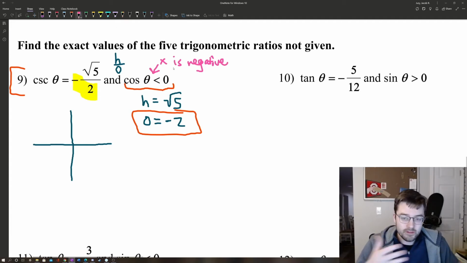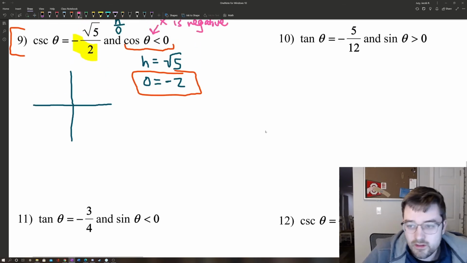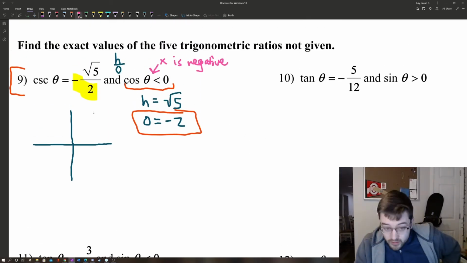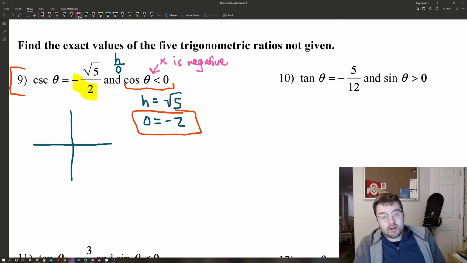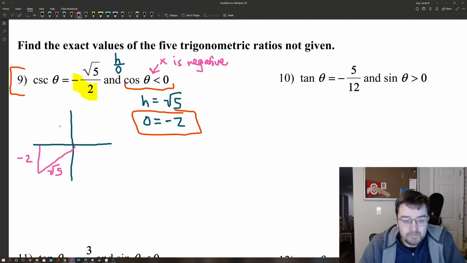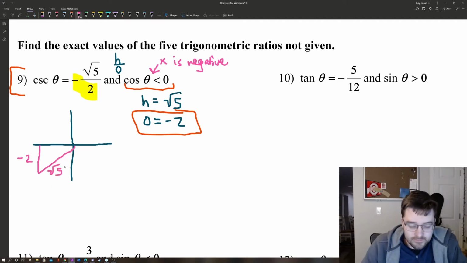So you'll have to play this game with 9, 10, 11, and 12, where you're drawing this triangle in the right quadrant given a couple conditions. So this triangle that has a negative 2 opposite side and a hypotenuse of radical 5, beautiful triangle, is going to be drawn right here.